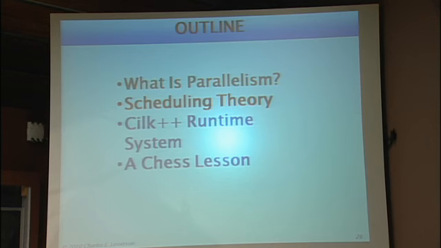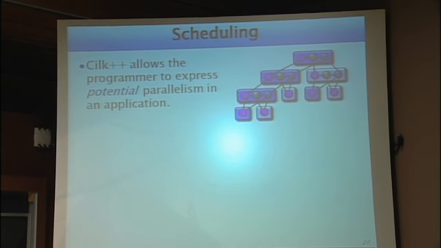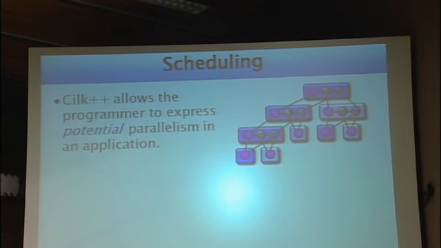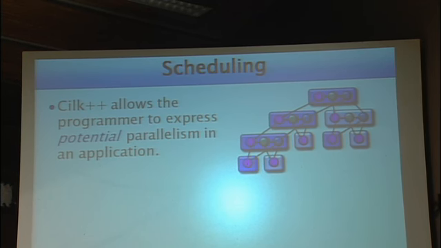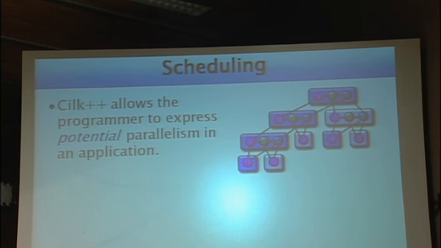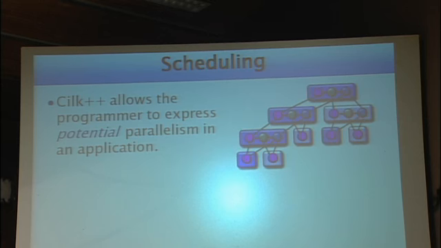So let's talk a little bit about what's going on underneath and why parallelism is important. Okay? So when you describe your program in Cilk, you express the potential parallelism of your application. Okay? You don't say exactly how it's going to be scheduled.